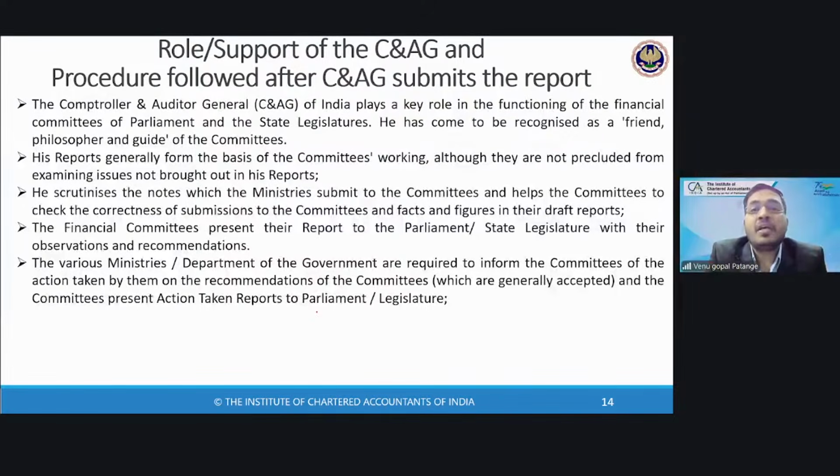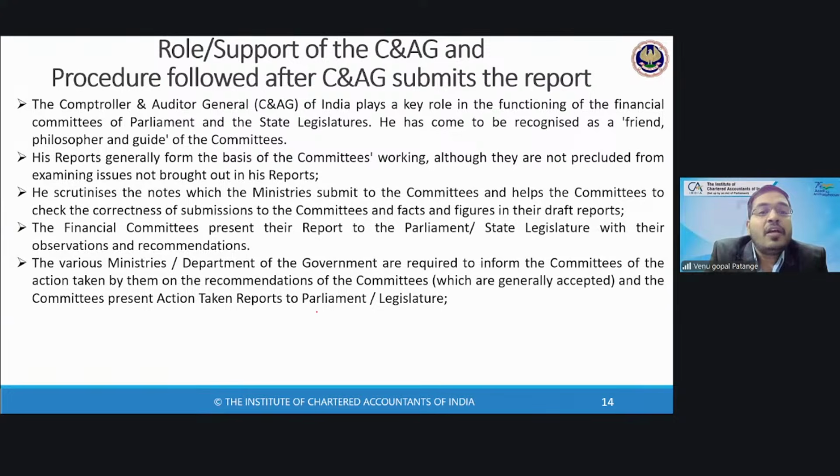But this person is misusing his power and collecting money. Now that has been identified by audit boards, has formed part of the C&AG report, and is submitted to financial committees. Now financial committees will ask questions to the dean and the principal of the college. What is your response? Tell us the response. So they will interrogate, investigate the matter, and take necessary actions before it goes to Parliament. So that is what committees do.